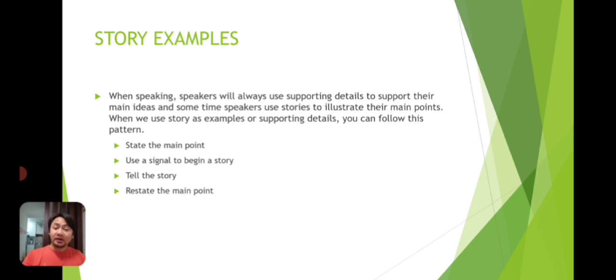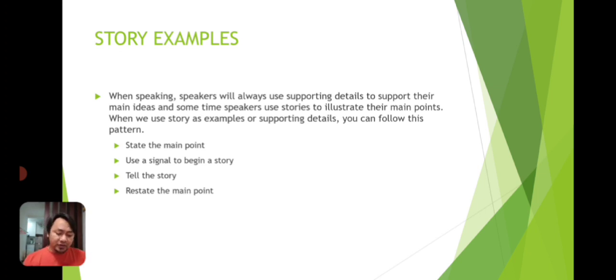When we write an essay, we put the main points into different paragraphs, and the same thing applies when giving a speech. It is advisable to go from the introduction to the first main point, second main point, third main point, and finally the conclusion.